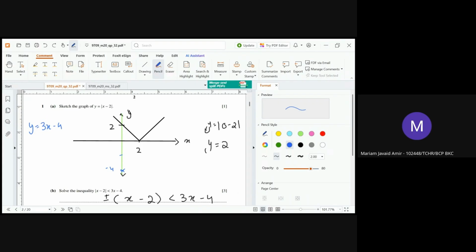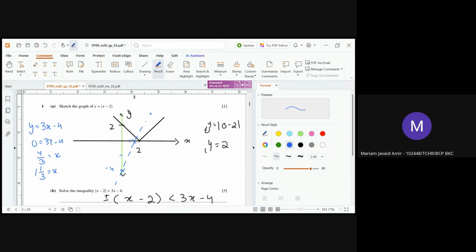And let's also find the x-intercept. Let's make y 0. So then we get 4 upon 3, which is 1 whole 1 over 3. So if this is 1, 1.5 would be somewhere over here. So you make a dotted line passing through these 2 points.